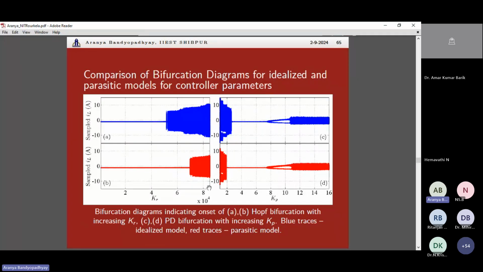But when it comes to the onset of period doubling instability, we can see not only that it is occurring nearly at the same value, but for the lower values, we can also see a new zone where Hopf bifurcation manifests. But in this case also, the effect of the incorporated parasitics is to drive away the Hopf bifurcation and diminish the zone where Hopf bifurcation occurs.